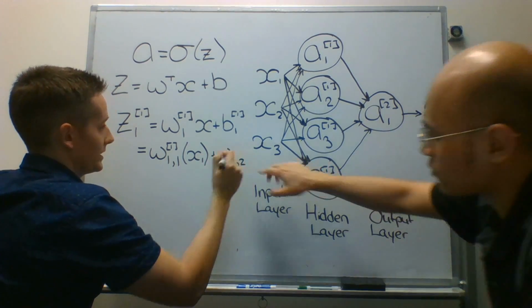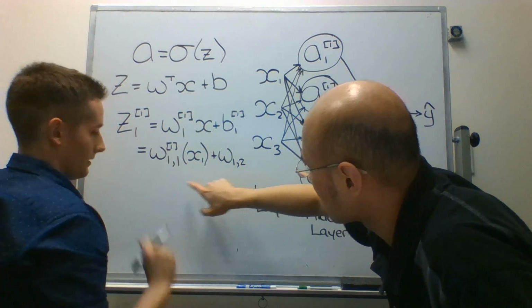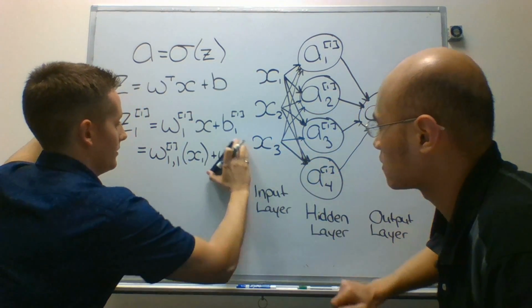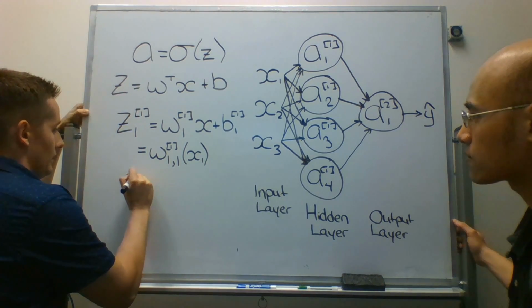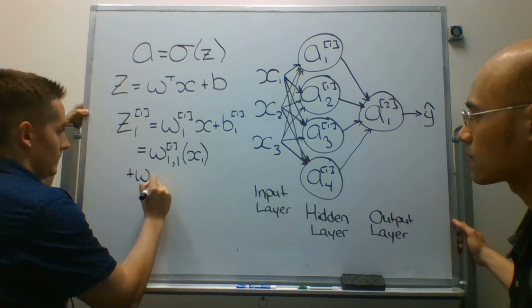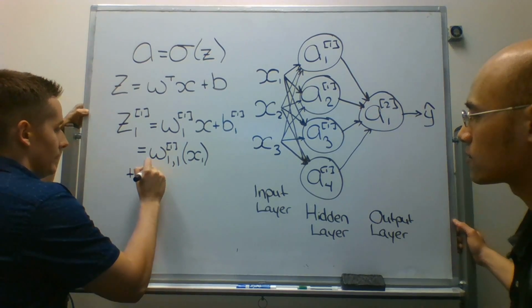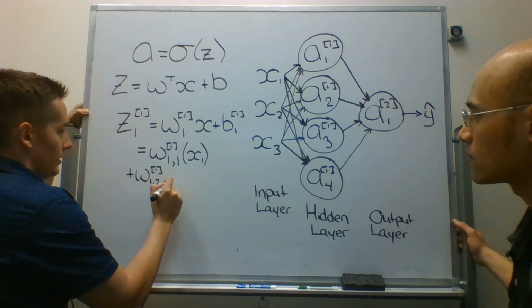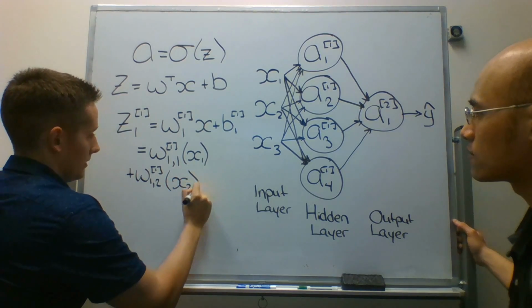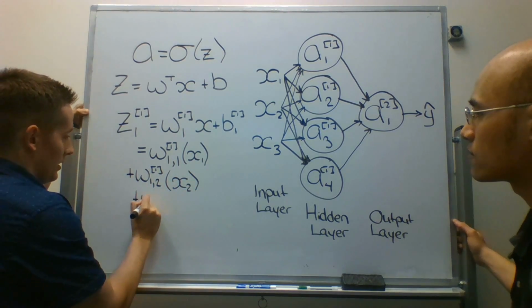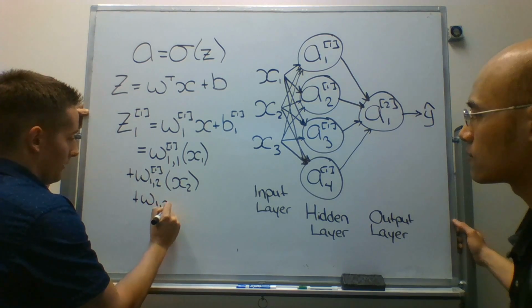Do you want to write this on the next line? Yeah, I think you might run out of room there. You're right. Let's do that. Okay. Plus weights 1 applied to the second input in layer 1 multiplied by x2 plus weights 1, the final.